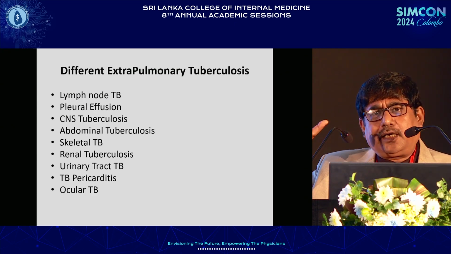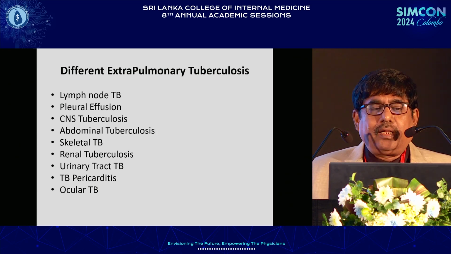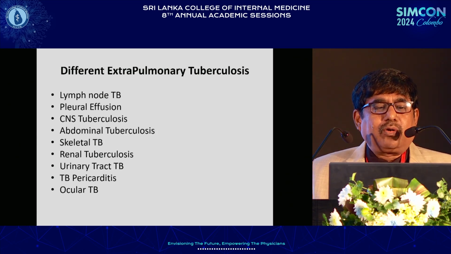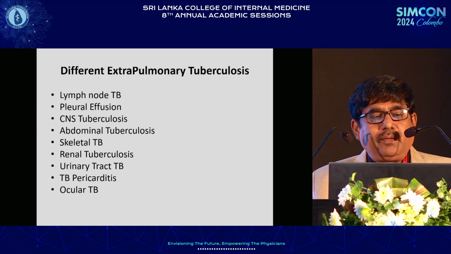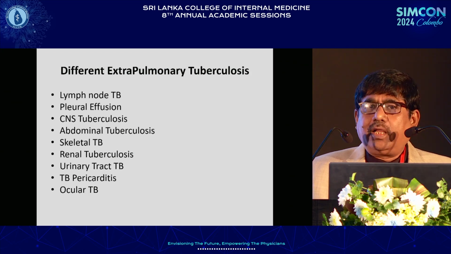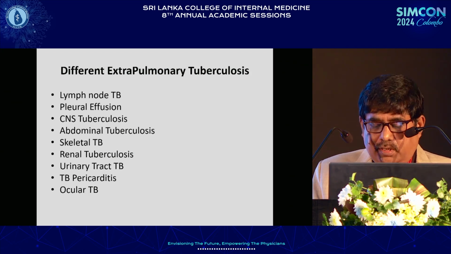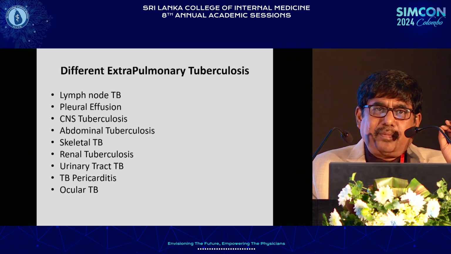TB can affect every organ of the body. I have picked a few: lymph node TB, pleural effusion, CNS tuberculosis, abdominal, skeletal, renal, urinary TB, pericarditis, ocular. Extrapulmonary TB could be discussed for a whole day, but I will give some highlights.